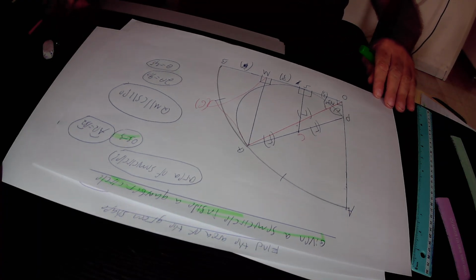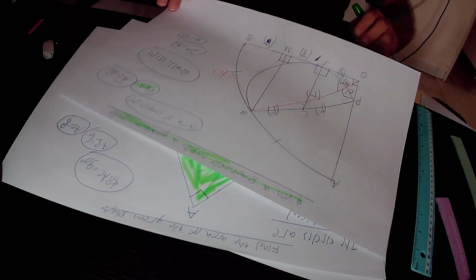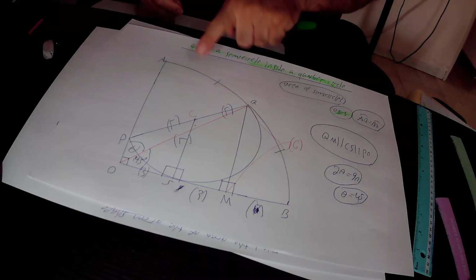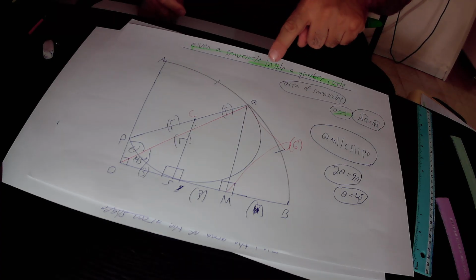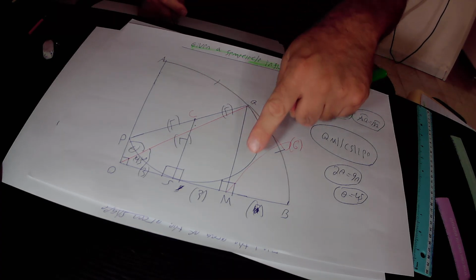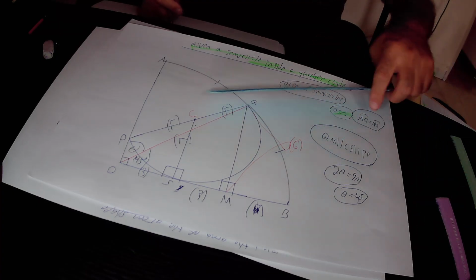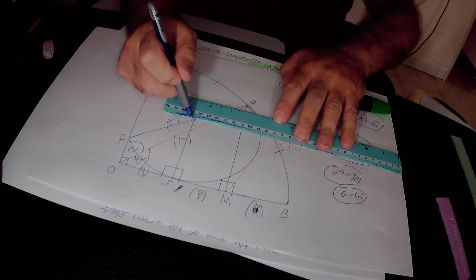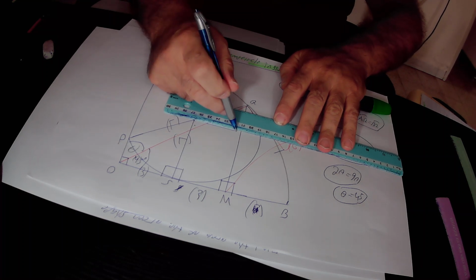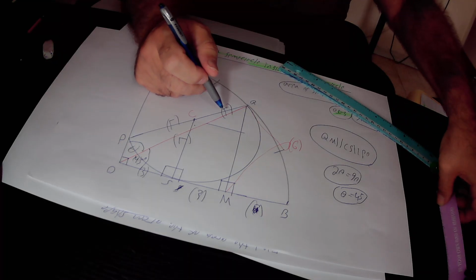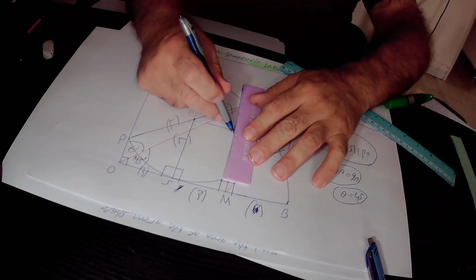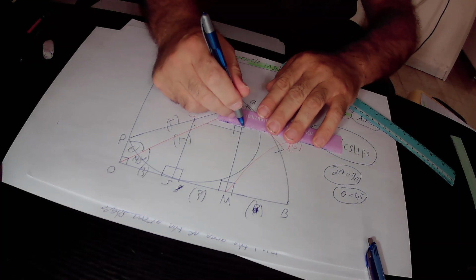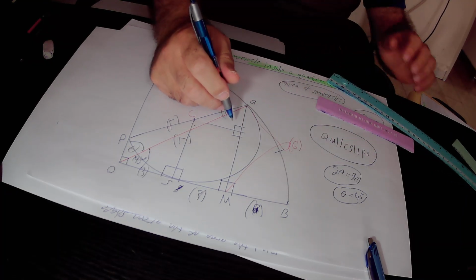In the next step, we will do a construction. From point C, that is the center of the semicircle, we will draw a perpendicular on QM. So this angle equals 90 degrees, and this angle also equals 90 degrees according to our construction.